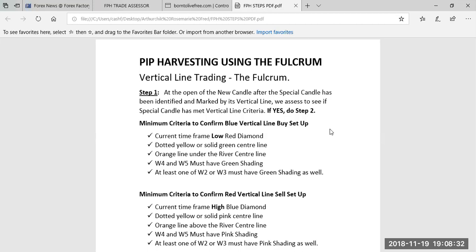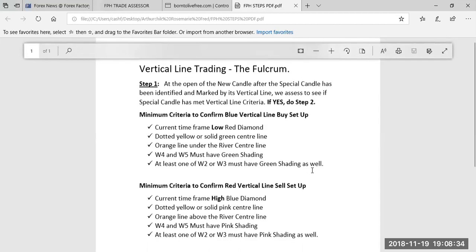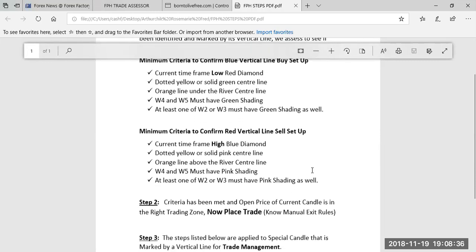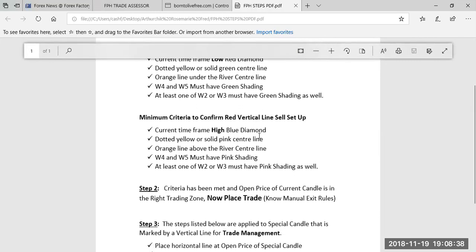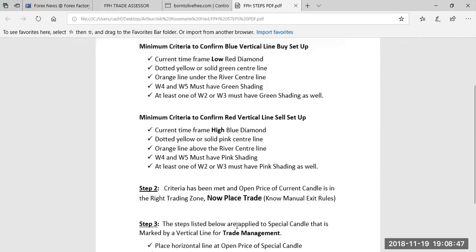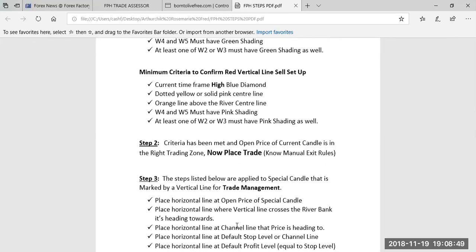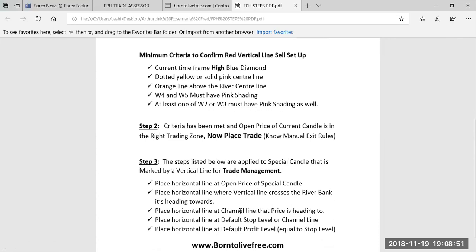And then what we'll do, as you see, as soon as you get a vertical line, you're seeing if criteria is met. If criteria is met and price is in the right trading zone, you place a trade. After that, the trade's on, and the TPSL has placed the default stop level and take profit for you.